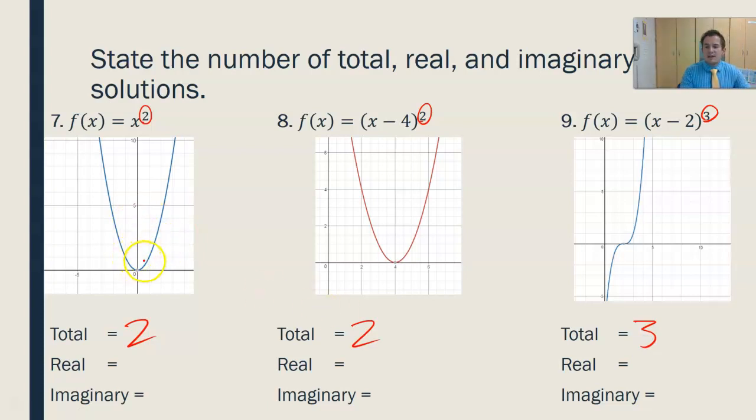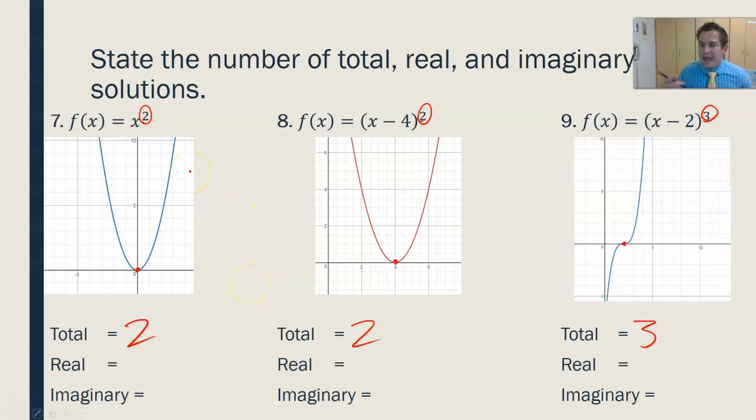Well, notice each of these functions is kind of unique when going across the x-axis. They're not actually crossing here. This is kind of just touching and going back up. This function is just touching, going back up. This one doesn't change direction at all. It just rests on the x-axis.